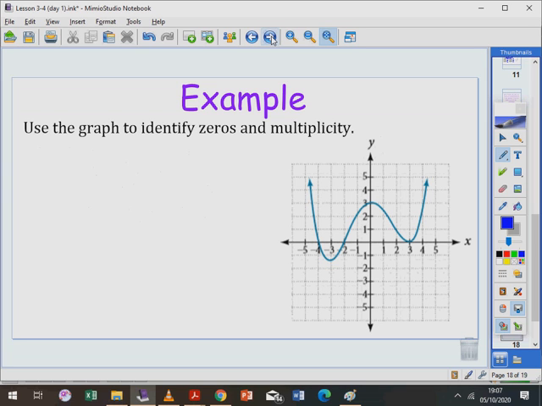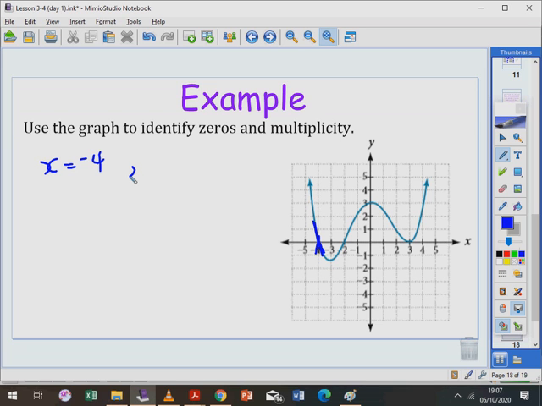If I want to use the graph to identify the zeros and the multiplicity of these zeros, well, the first zero is right here, starting from left to right. x is equal to -4. I can see that that zero has a multiplicity of 1, because when the curve touches the axis at this point, it's sort of a straight line, it's sort of a linear expression, so it has a multiplicity of 1.